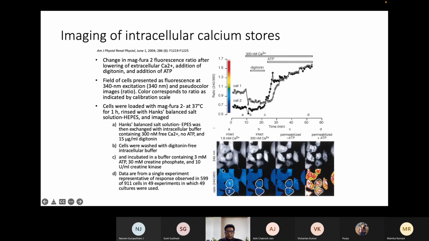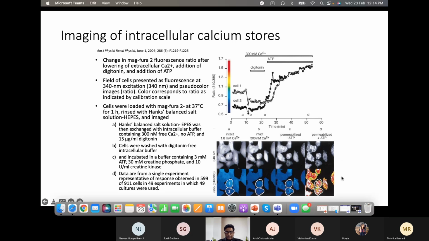By looking at how these stores work, you could image the amount of calcium that is there, and you could see the puncta showing you the calcium stores. Through the coloration that occurs, by looking at the change in fluorescence, you can essentially look at how much calcium is being released.